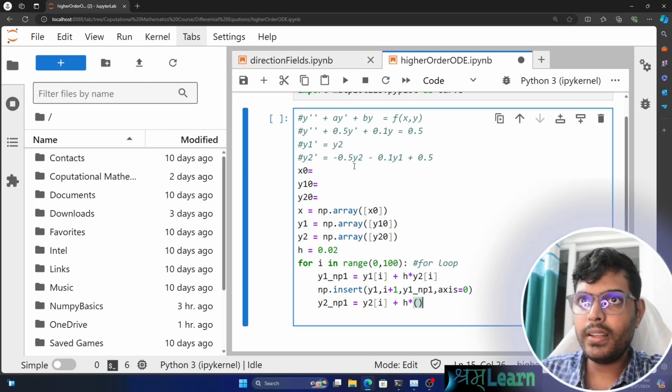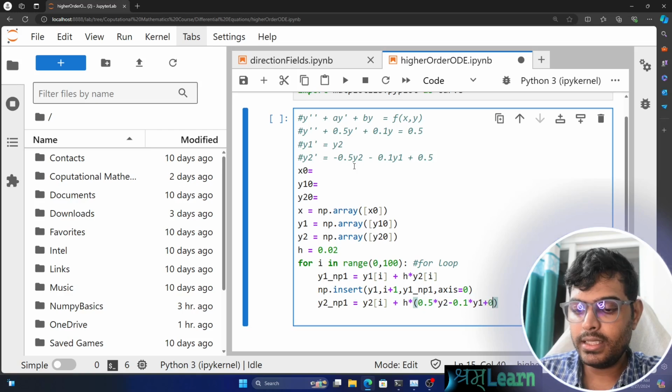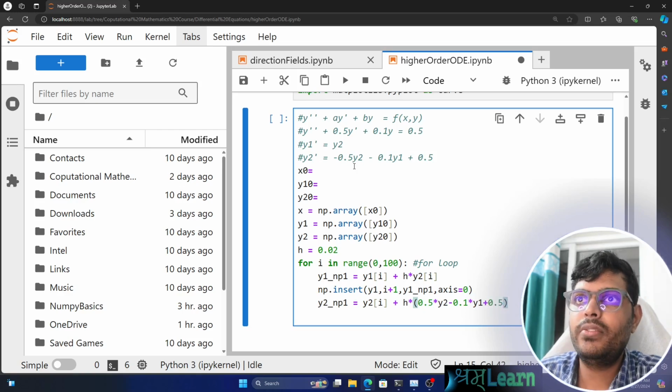minus 0.5 into y2, minus 0.1 into y1 plus 0.5. Is that clear?